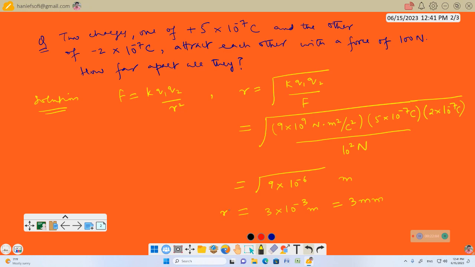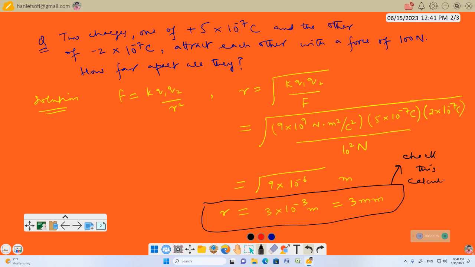So this is our R. This is the distance between these charges. Must check this calculation at home.